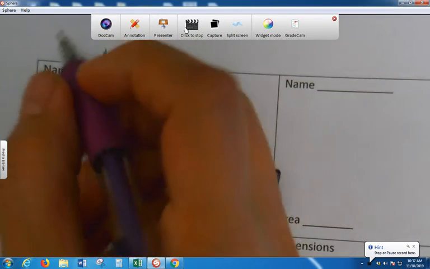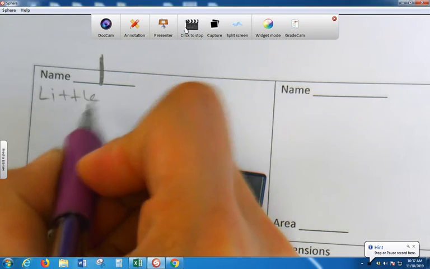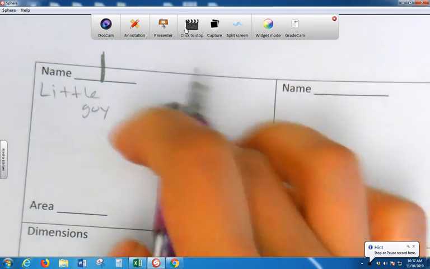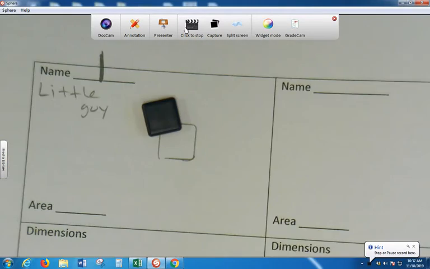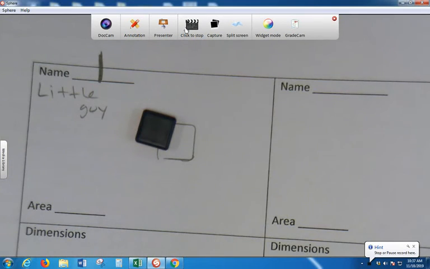Miss Van Dyke in 8th grade likes to call it the little guys, because it is the smallest tile you have. You should only have this singular tile out. That's it. Nothing else. Please follow directions. The area of this tile is the same thing as the name. So if the name is 1, then the area is also 1.